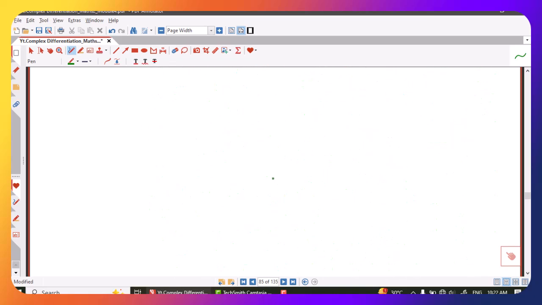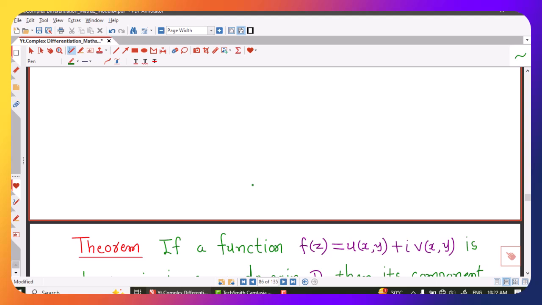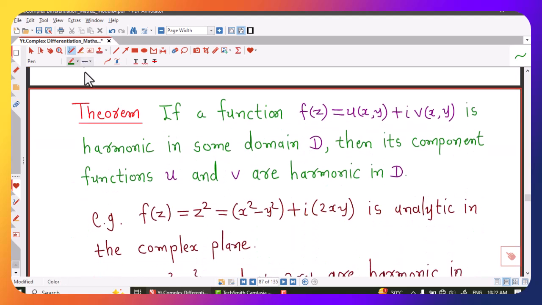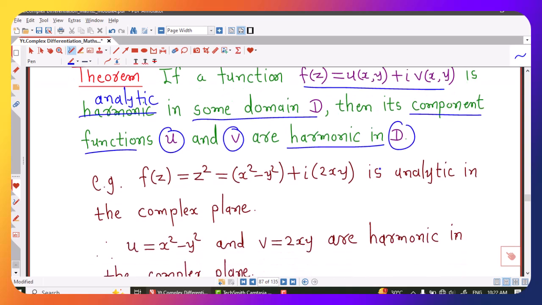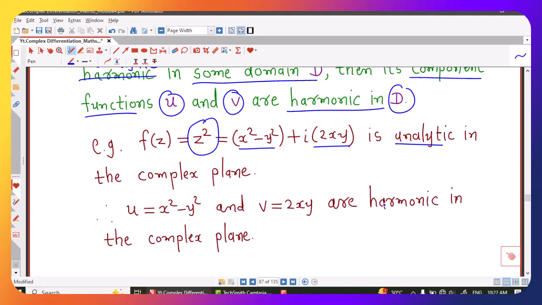The result is that if function f of z equal to u plus iv is analytic in some domain D, then its component functions u and v are always harmonic in that domain D. And this is what we just discussed, that z square is analytic in the complex plane. Therefore, u and v are harmonic in the complex plane.